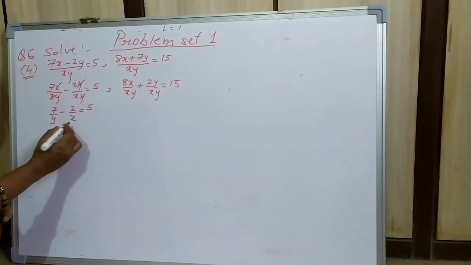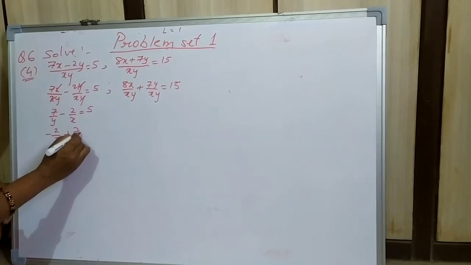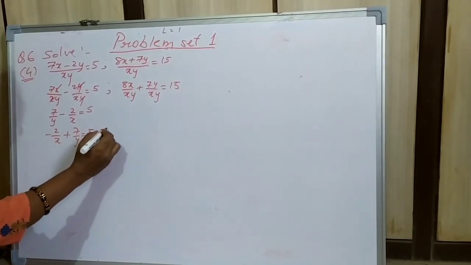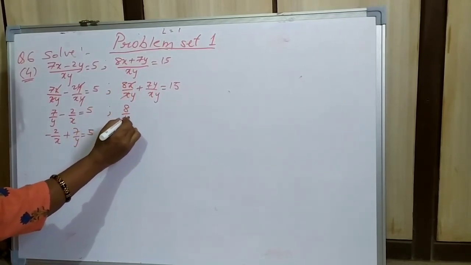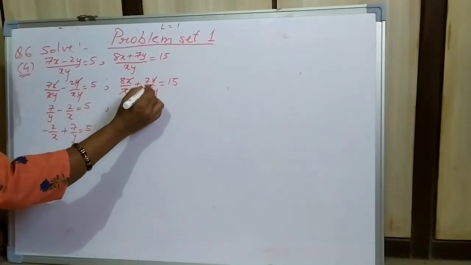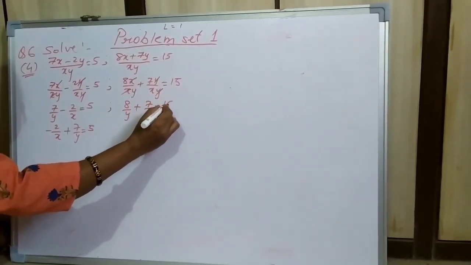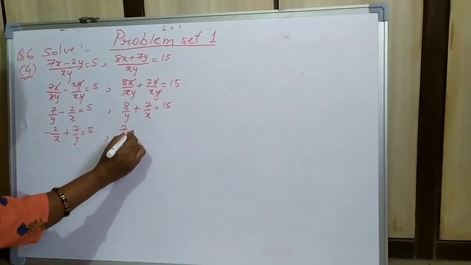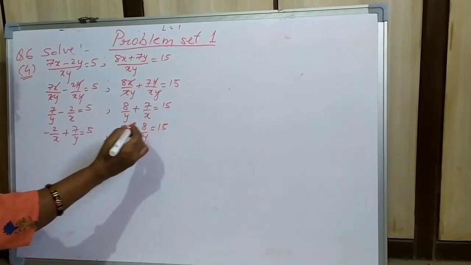Rearranging, minus 2 upon x plus 7 upon y is equal to 5. In the other equation, x gets cancelled, 8 upon y, and y gets cancelled, 7 upon x is equal to 15. Rearranging, 7 upon x plus 8 upon y is equal to 15.